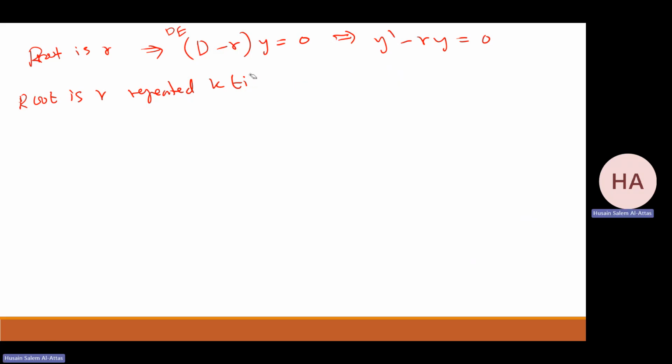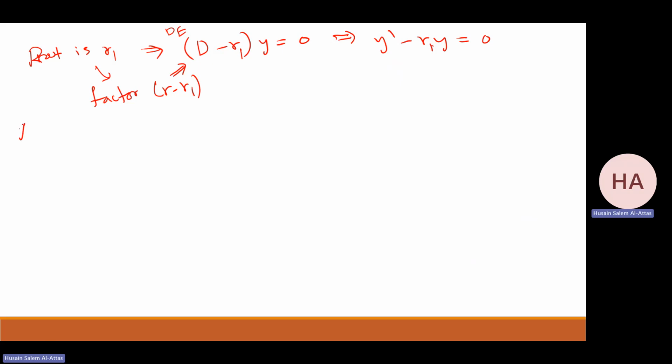Actually, let me do one step before. If the root is r1, let me say, the factor is r minus r1. So the equation will be D minus r1 applied to y, that is y prime minus r1 y.